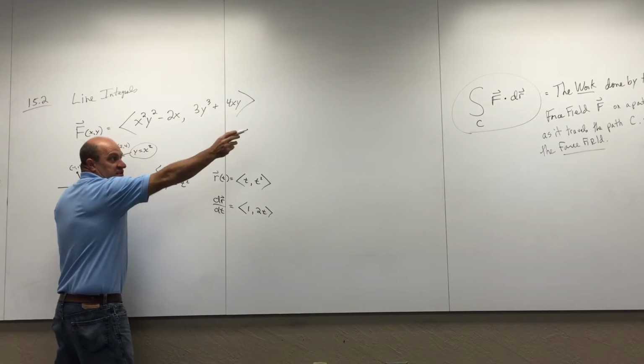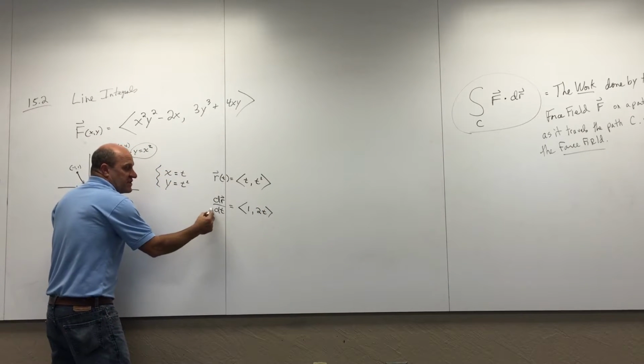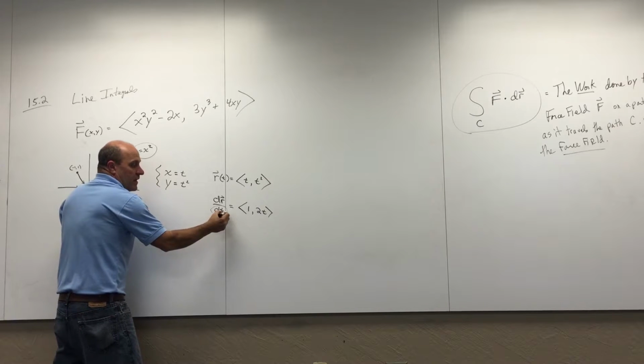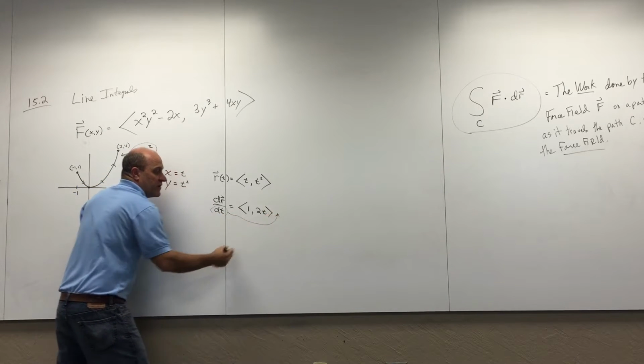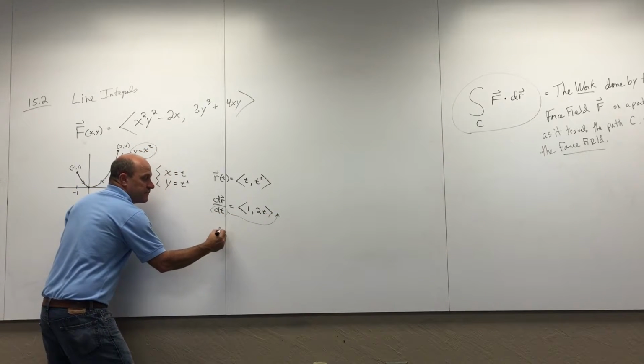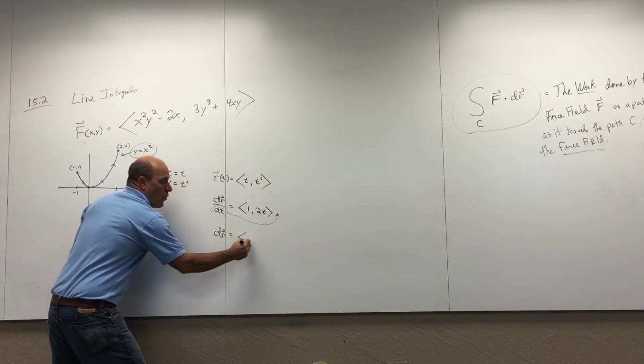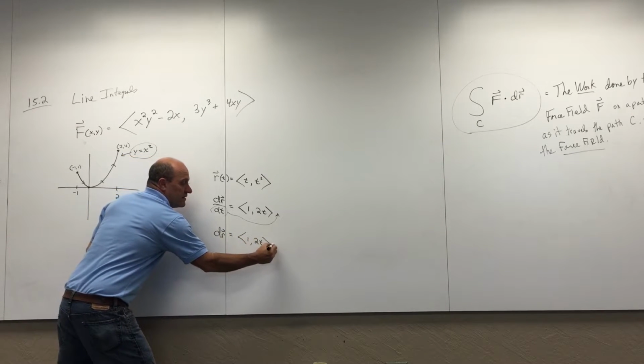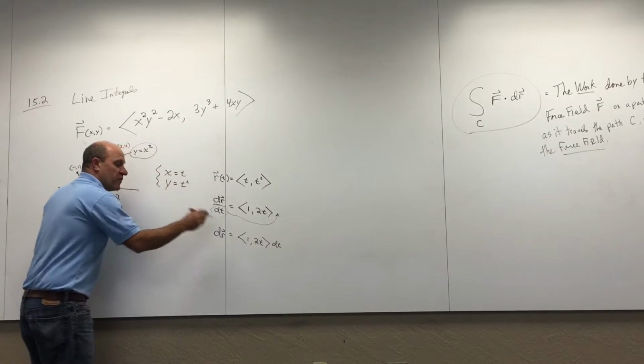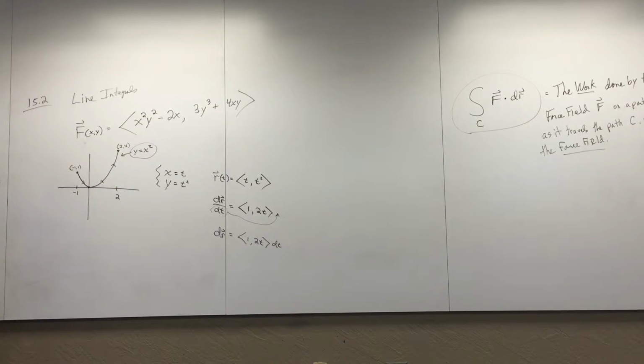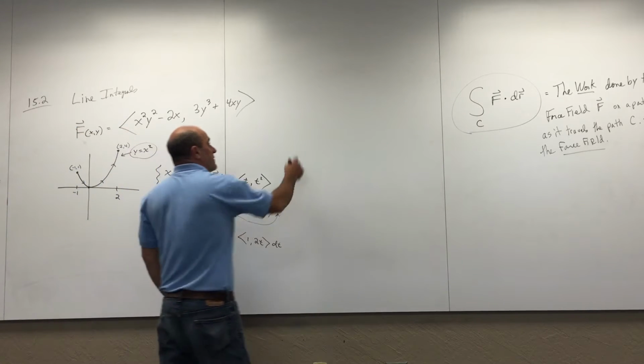But the reason it says just dr is because you kind of multiply by this dt and it shows up over here. So dr is <1, 2t> dt. So we got our dr. I'm ready, man. I'm going to set up this integral here.